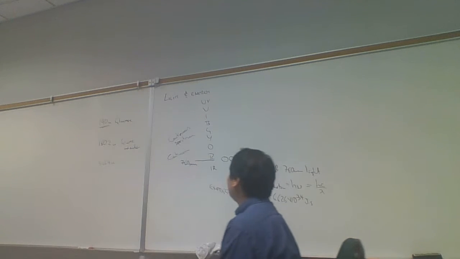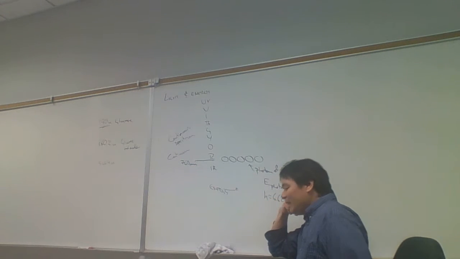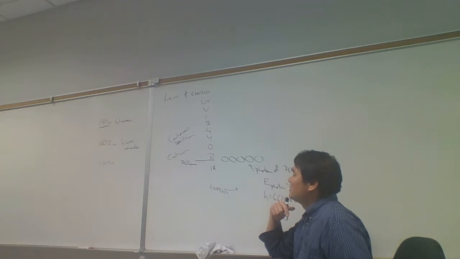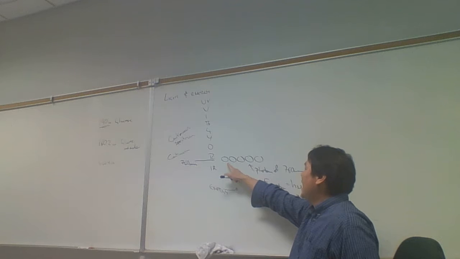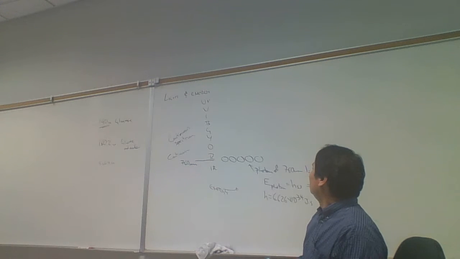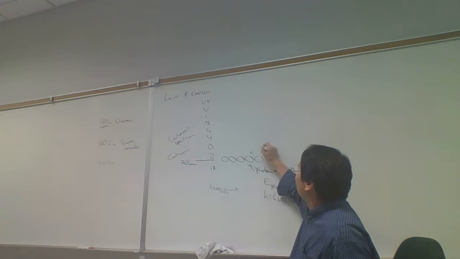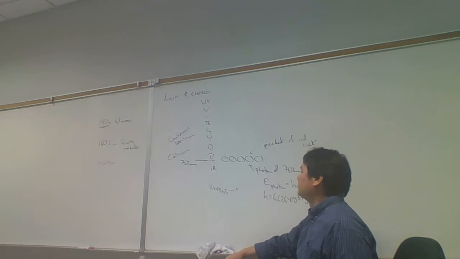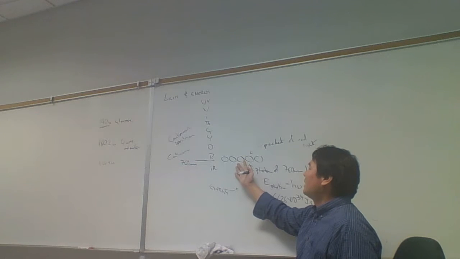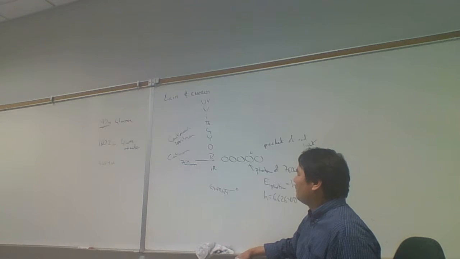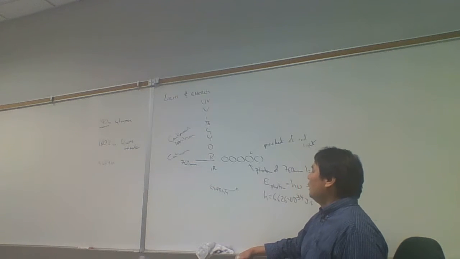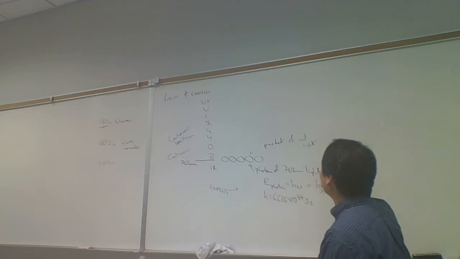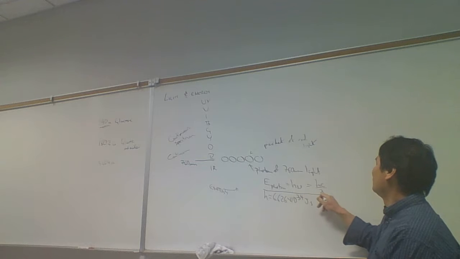Well, if I'm looking at the energy of red light, then the energy of the red light is going to be discontinuous in the same fashion. That is, I could have one packet of red light, which we call a photon, a packet of light. Well, I could have 2 packets, 3 packets, 4 packets, but I can't have like 4.5 packets. And so the size of the packet is going to be given by this equation here.